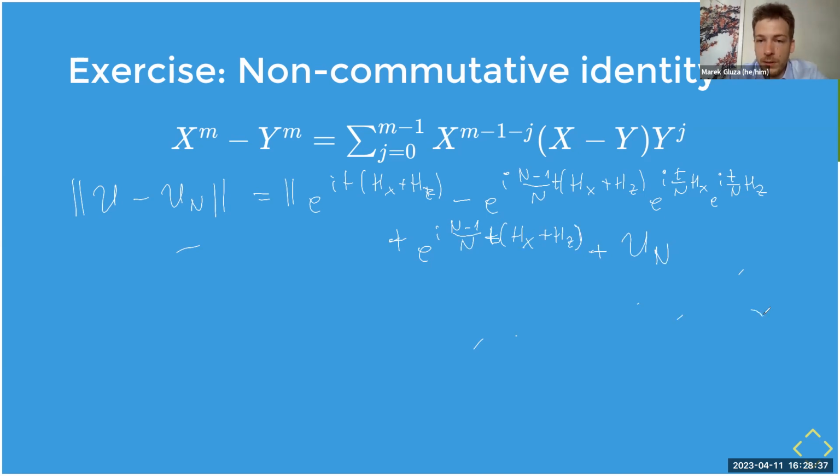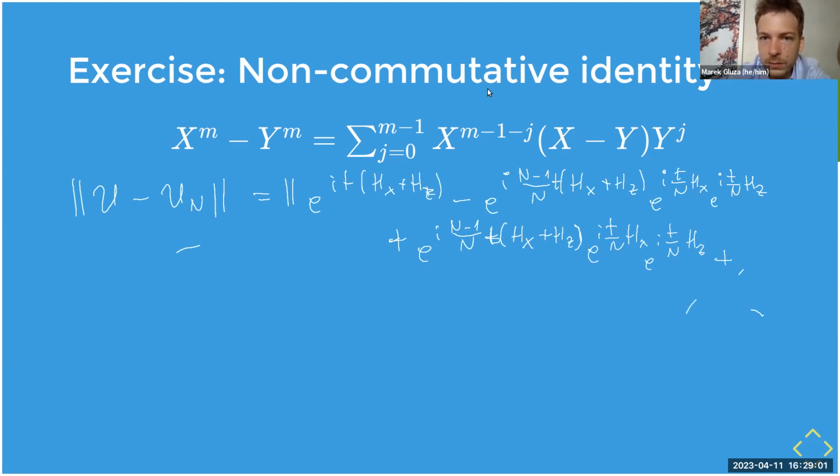Okay, un would be just taking, oh, wait. e to i t over n hx, e to i t over n hz, and here I have minus, and then here e to i t over n hx, e to i t over n hz to the power n.